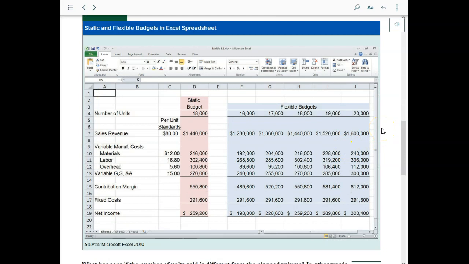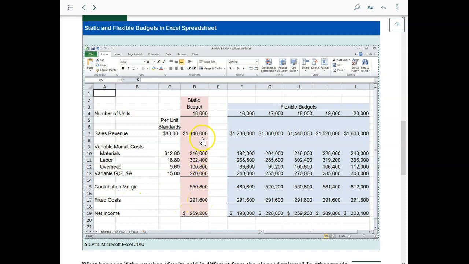Here is a flexible budget. The initial budget we thought we would actually be at, when we first made the budgeting process, was 18,000 units being sold. That's called a static budget, just at one level. We have the selling price, all the same unit cost we talked about, and the fixed cost go down here.